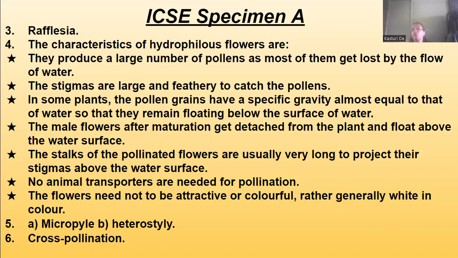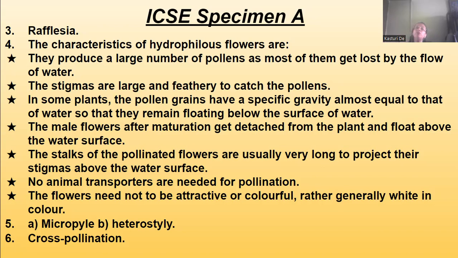So the male flowers float above the surface of the water. Pollen grains have a specific gravity almost equal to that of the water, so they remain floating just below the surface of the water. The stalks of these flowers are very long, so that the stigmas come out above the surface of the water.